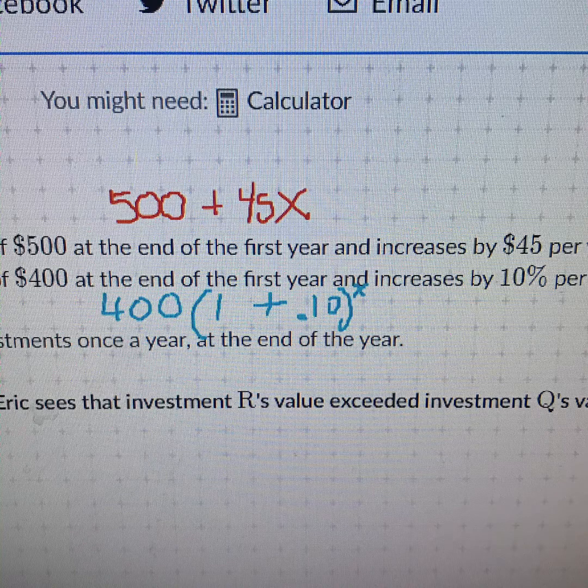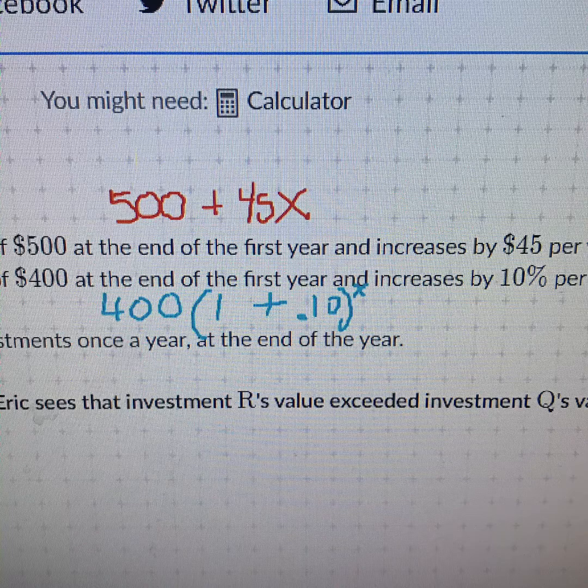And then my exponential will be $400 for the start multiplied by 1 plus 0.10 to the power of x. So that 1 is giving me the 100%, so that's giving me everything. And then when it says it's increased by 10%, that's why I'm adding the 0.10 for each additional year.